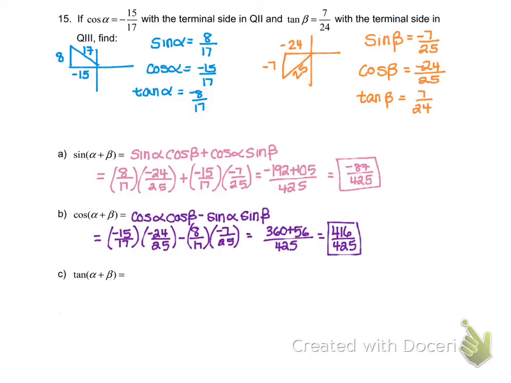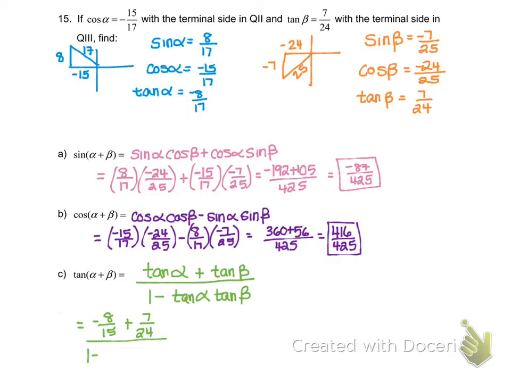And our last one is going to be the sum formula for tangent. So we have negative 8 over 15 plus 7 over 24 all over 1 minus negative 8 over 15 times 7 over 24.